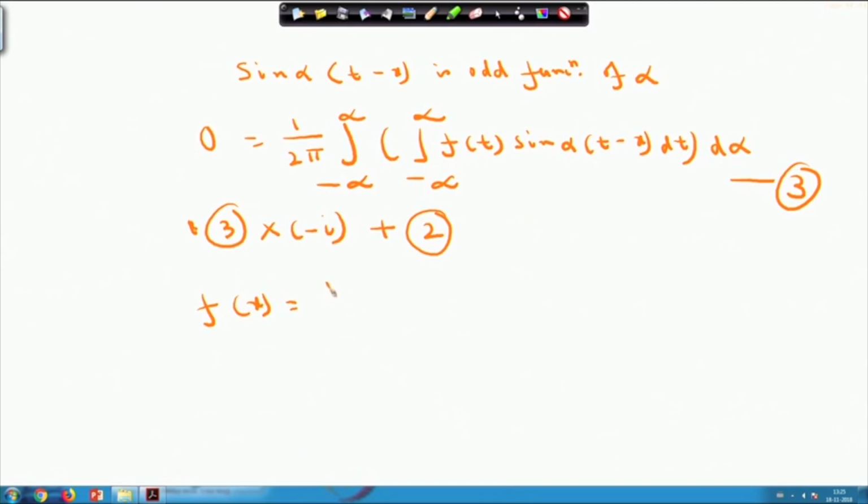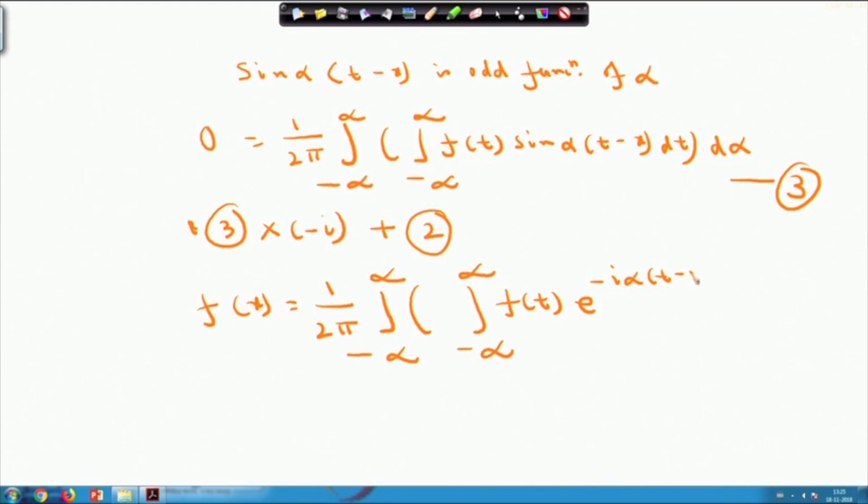Together this will be 1 by twice pi, minus infinity to infinity, f(t) into e power minus I alpha into (t minus x) dt d alpha. This is equation 4.